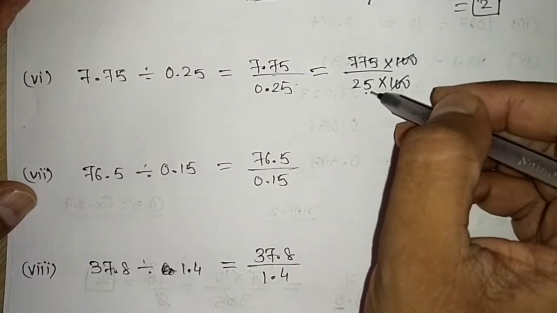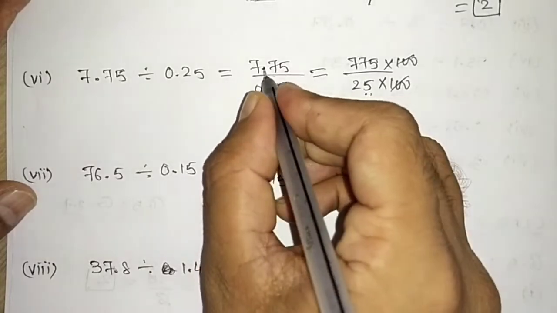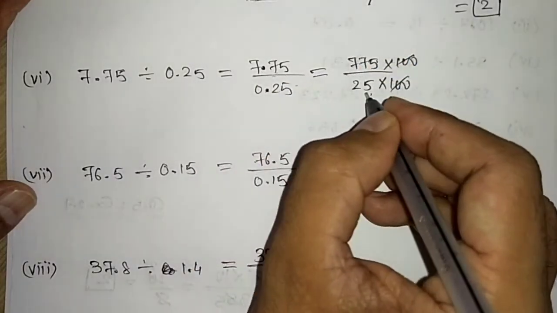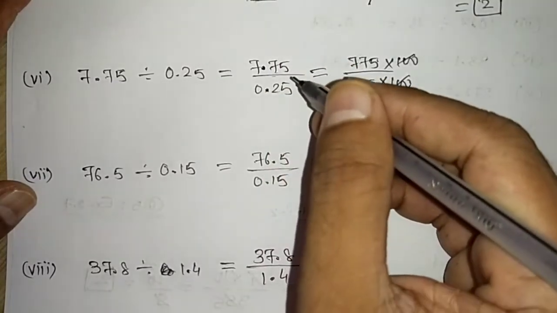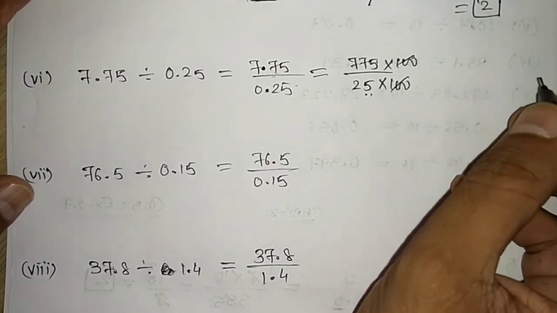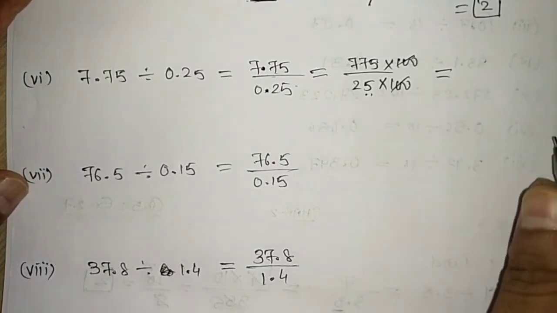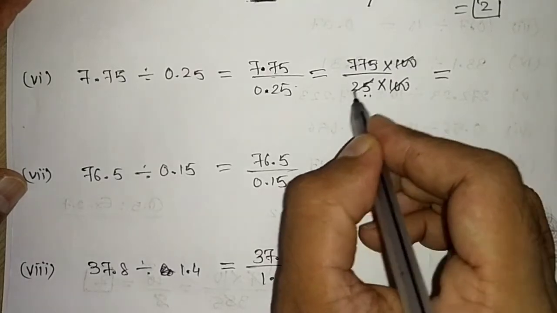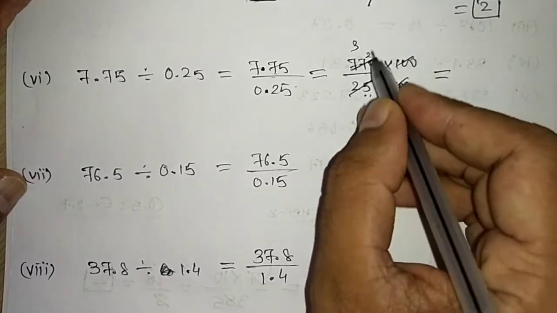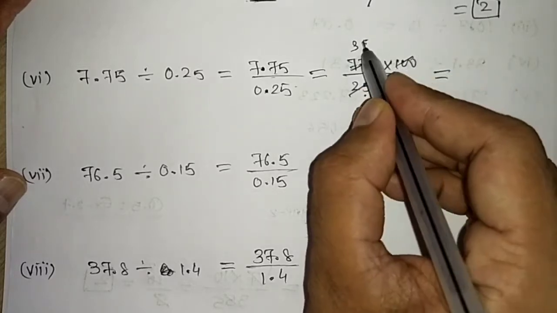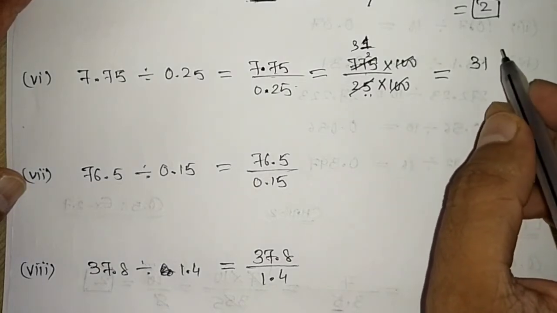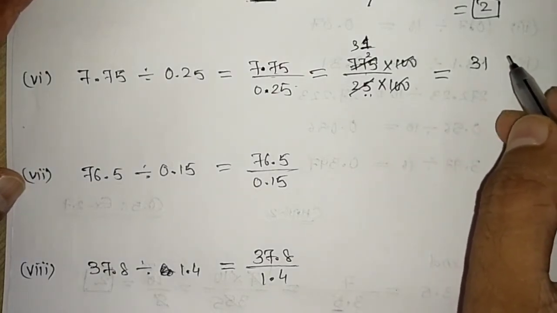So directly you can also write like this, but the condition is that if it is having 2 decimals above and 2 decimals below, then only you can write directly like this, or one decimal point above and 1 decimal below, then also you can remove the decimal points directly. Now dividing 775 by 25, 25 threes is 75, so I will get 2 over here. 25 ones are 25. Our answer will be 31. Hope you are getting it.